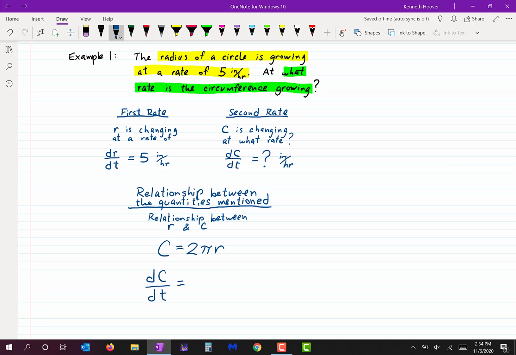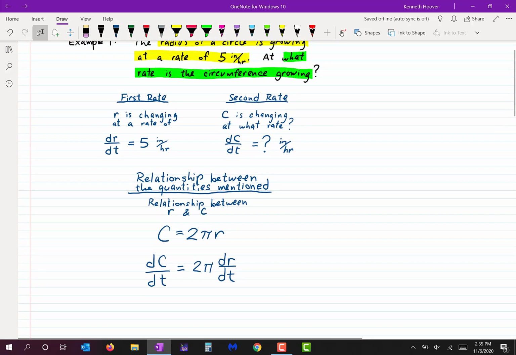So when I do the derivative of 2 pi r with respect to t, I get 2 pi times the derivative of r. Now, if you really, really like the prime notation instead, then what would it look like? It would look like this. C prime of t equals 2 pi times r prime of t.